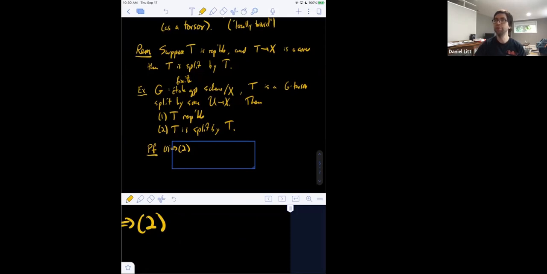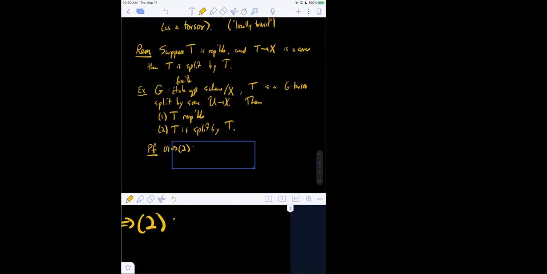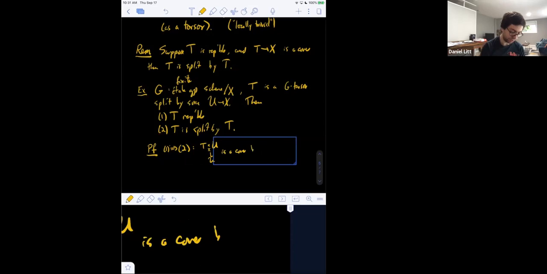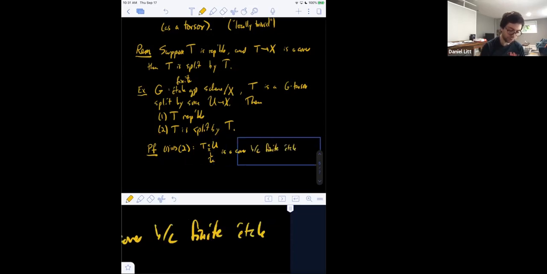Can anyone tell me why T is a cover? Because after you base change to U, it's finite Étale. Exactly right. When you base change to U, T times U over X to U is a cover because it's finite Étale. It's just isomorphic to G times U. That's what it means to be trivial.